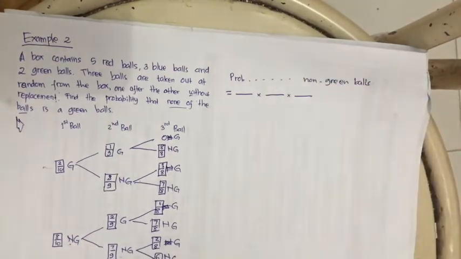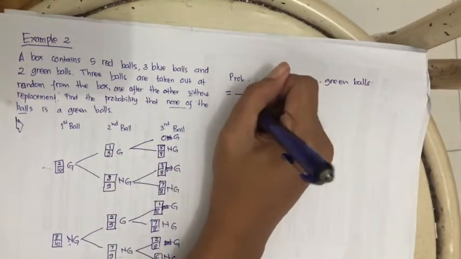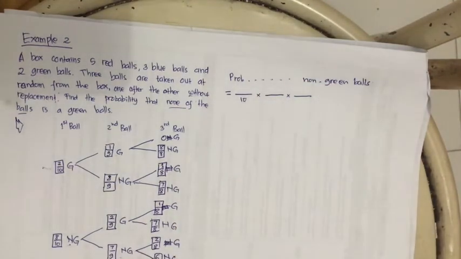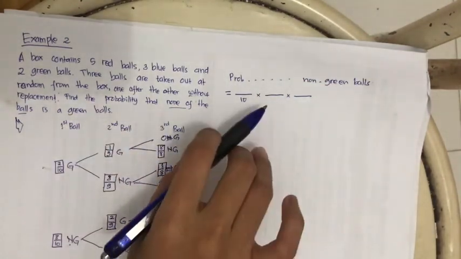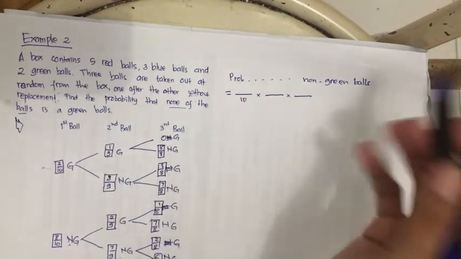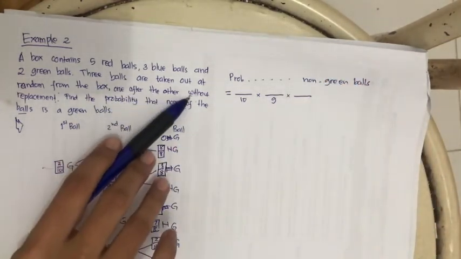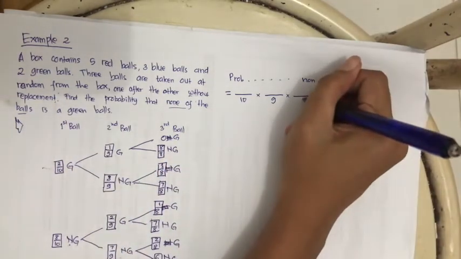For the first experiment, the sample space is still 10, complete balls. For the second experiment, it becomes 9 because one after the other without replacement. For the third, of course, it is 8.